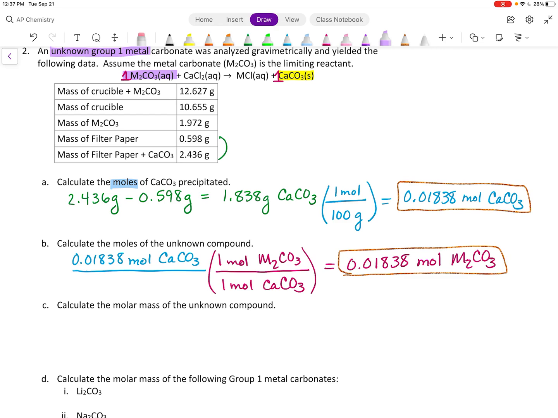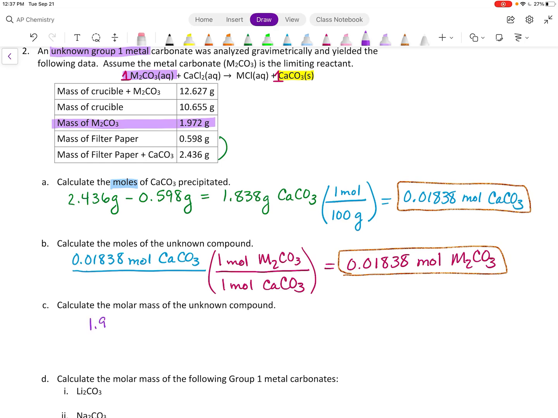Now that we have the moles of the unknown carbonate, we can determine the molar mass. We were originally given an experimental mass of 1.972 grams, so we're going to plug that in. Then we divide by the moles we just found to get our molar mass in grams per mole.